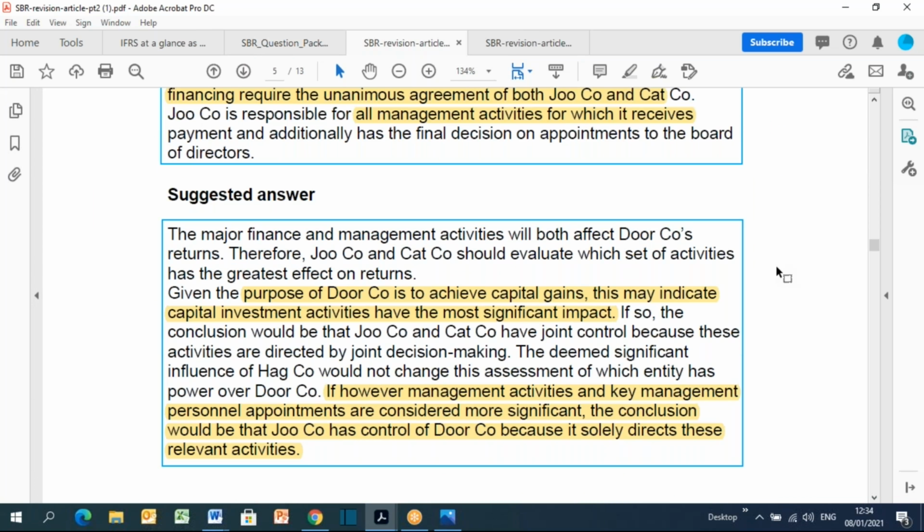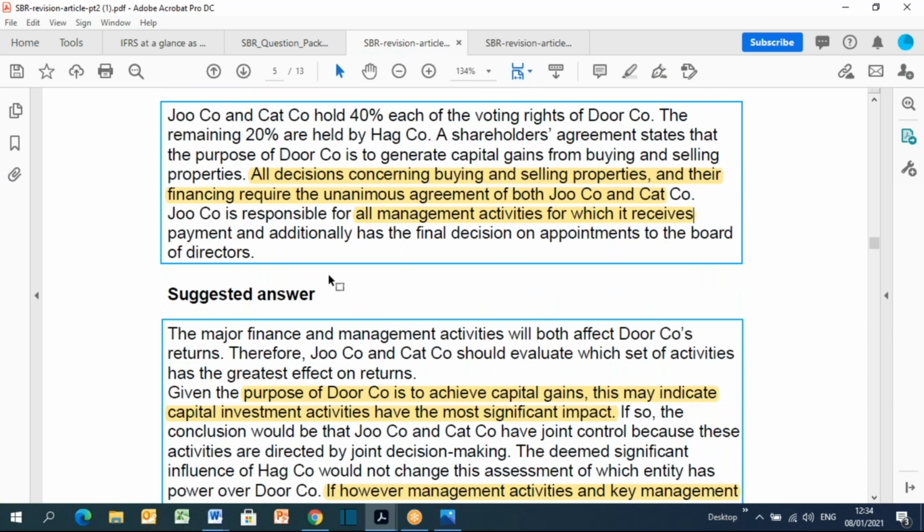They have to have voting rights, but these have to be in regard to the main objective of the company, which is selling or buying property. In this case, they both have voting rights in regard to the buying and selling of property, which is the main objective of the company. It does not matter that the second company is responsible for the management or administrative activities.